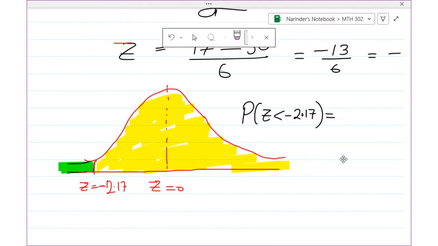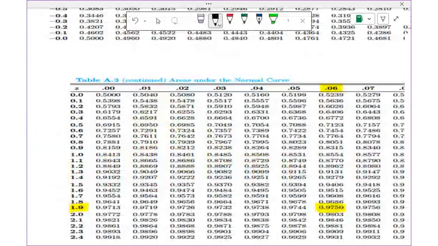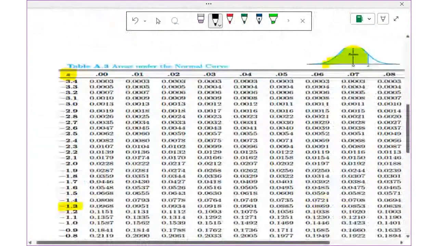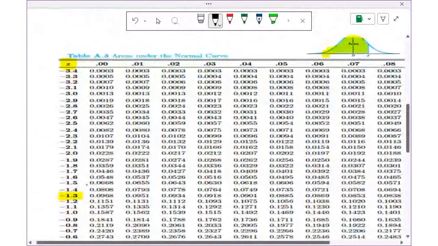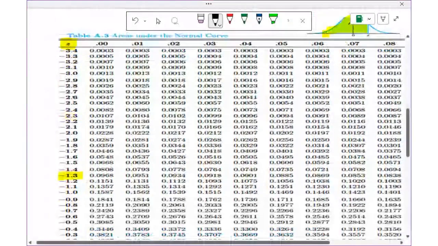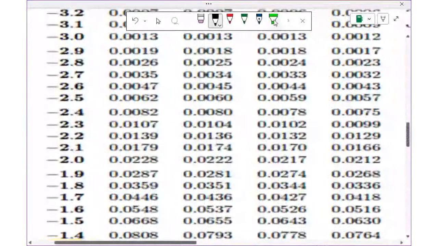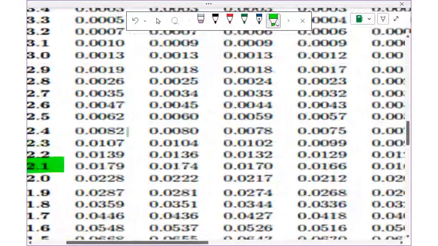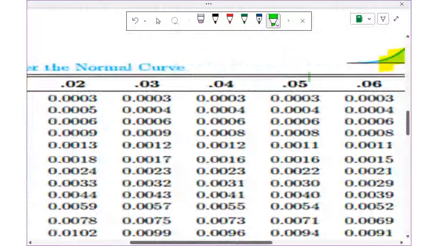From the table, let me tell you the actual value for minus 2.17. This diagram tells the left side area. Minus 2.1, so 2.1 is here, and we need minus 2.17, so we go to 0.07.